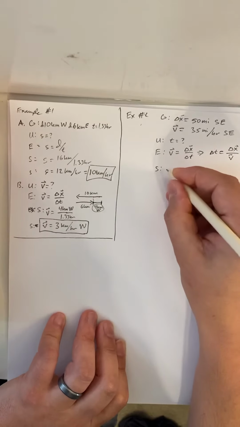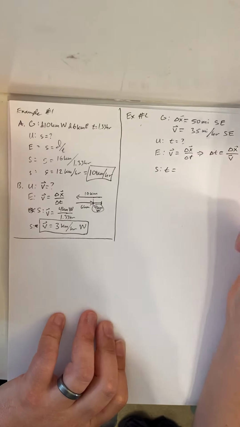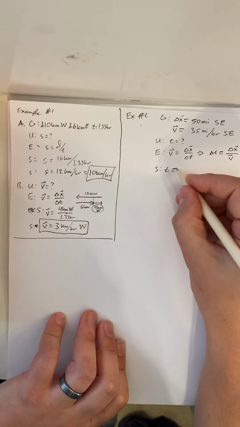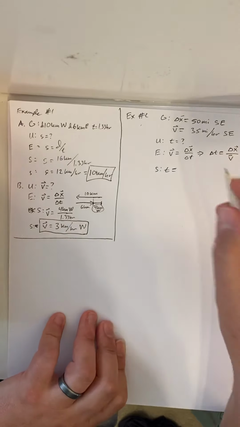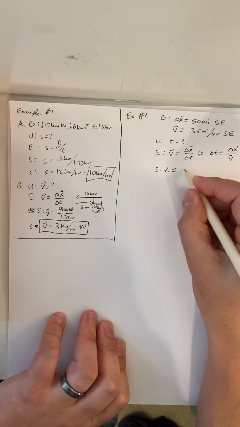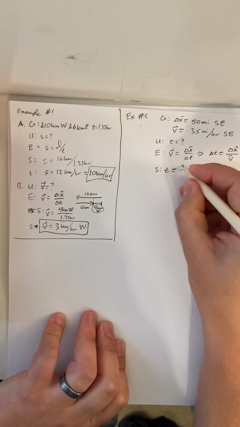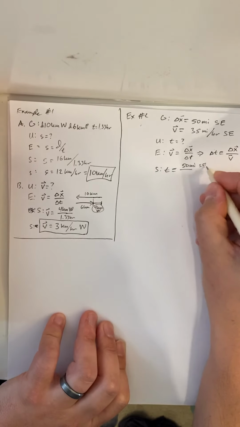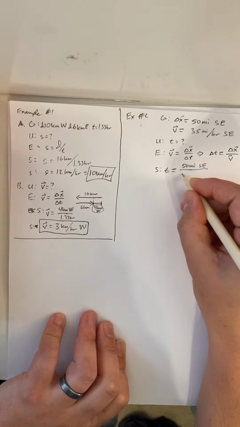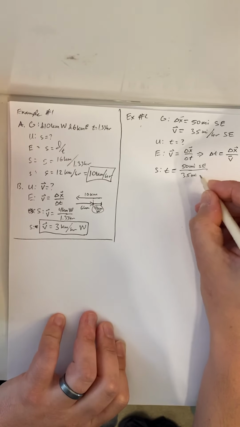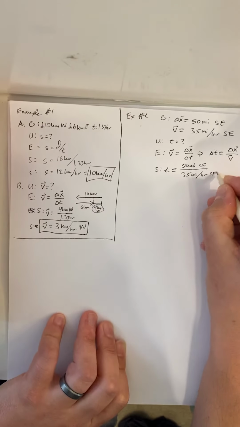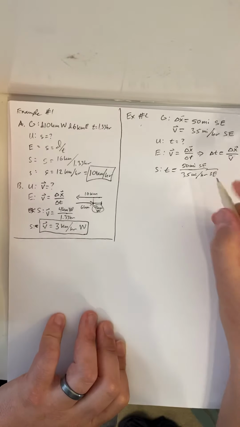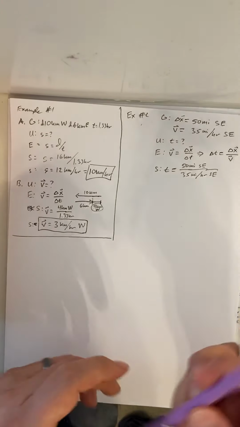So let's do that. I'm just going to write time, because our initial time is going to be 0, so I don't need the delta. And so this is 50 miles southeast over 35 miles per hour southeast. And you'll notice that a few things go away here.